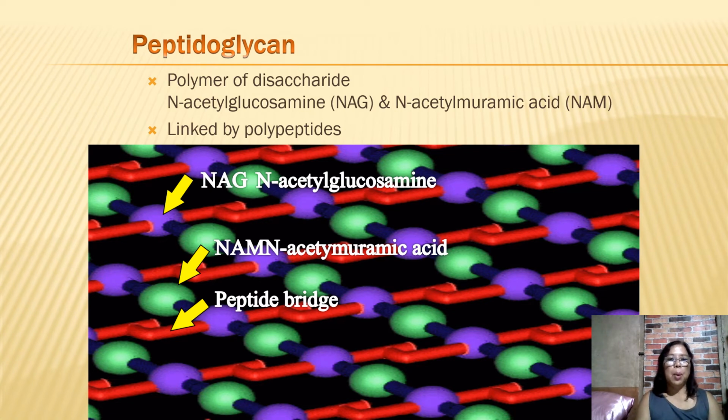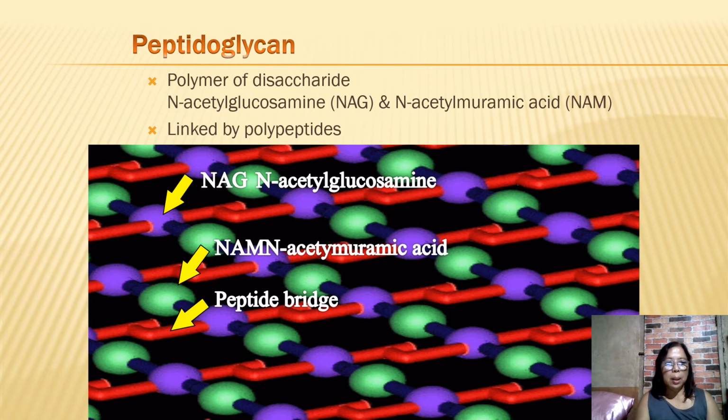So they are made up of polymers of disaccharide, N-acetylglucosamine and N-acetylmuramic acid. So the NAG and the NAM make up the peptidoglycan, and they are linked together by, of course, the polypeptide.